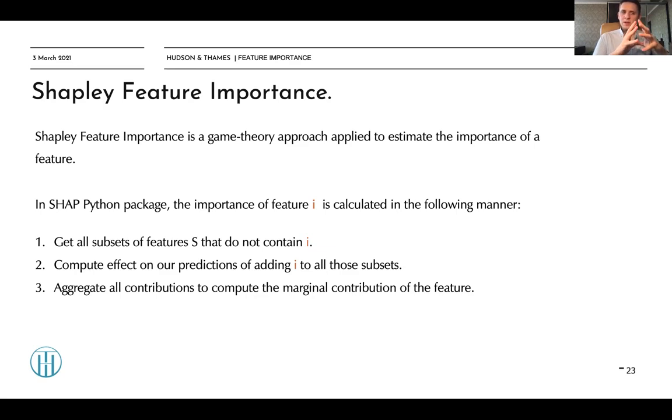The approach is somewhat similar to MDA. We try to understand what kind of impact we generate when we take away the information which feature i contains from our data set, and measure the difference between the predictions generated with this feature and without this feature.